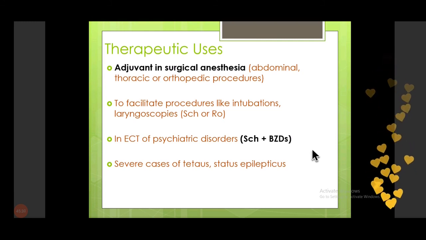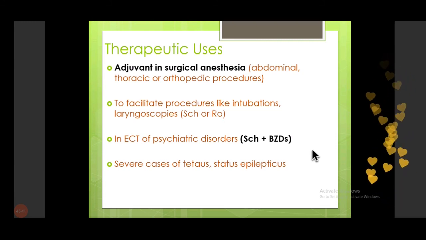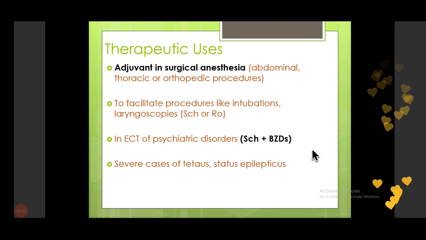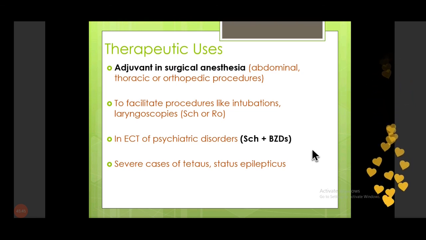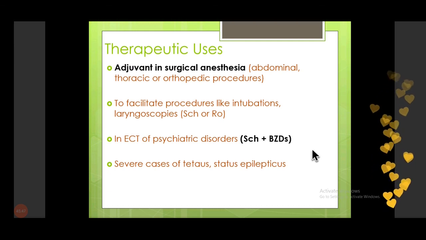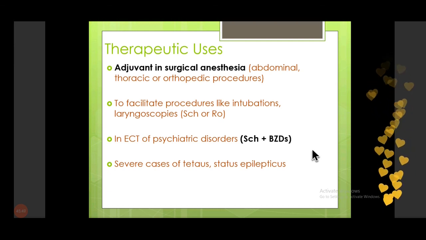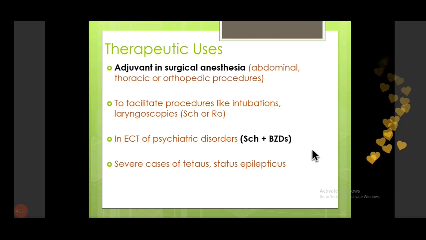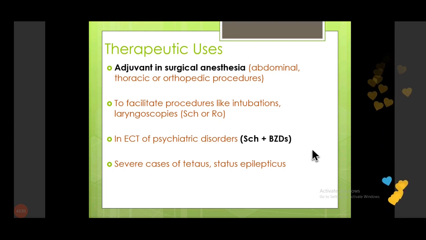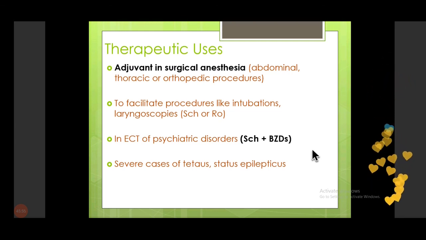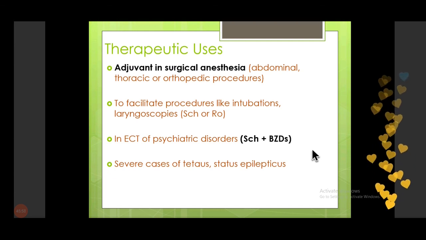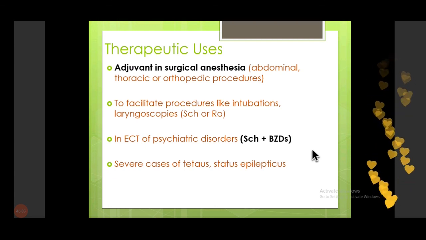What is ECT? You must have seen in various movies that in asylums they would put a metallic cap on the head of the patient and give electric current through that cap. In case of acute psychiatric illnesses, that is the modality of choice.